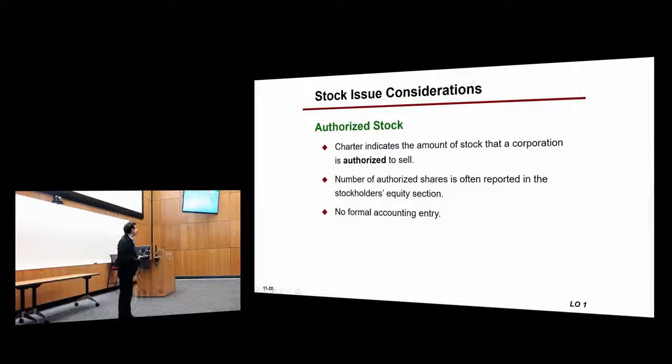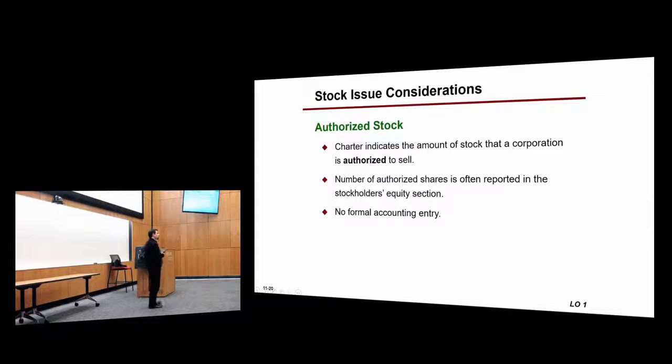Now, like we said, the number of authorized stocks is set in the charter. It's usually more than the stocks that are issued. They take into consideration future needs of the company.